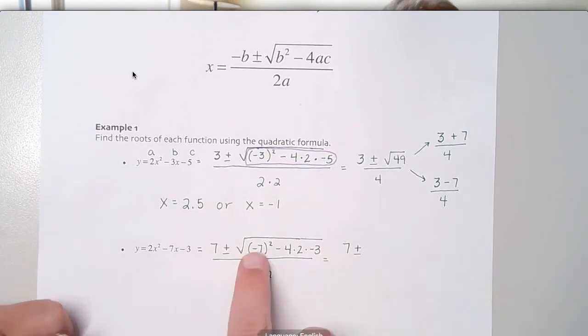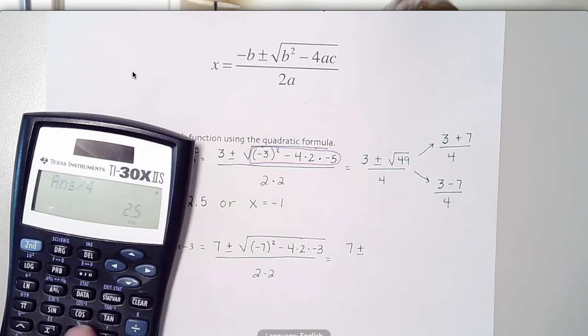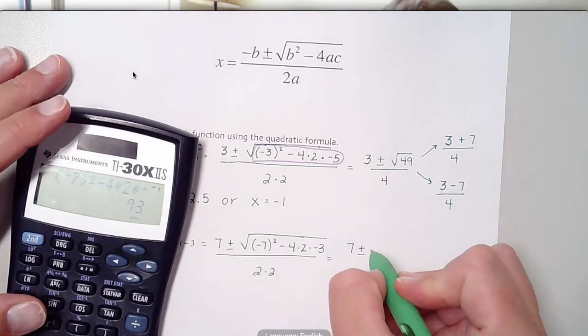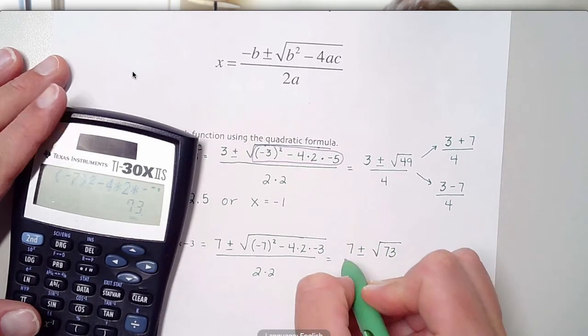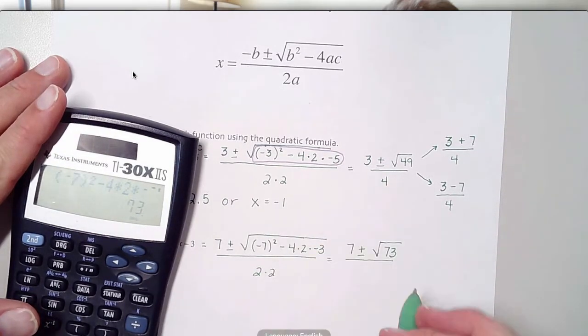I'm, again, starting with just that calculation right under the square root there. And so I'm going to go negative 7 squared minus 4 times 2 times negative 3, and I get 73. Now I can tell just from looking at that number that this one's going to come out uglier because 73 is not a nice perfect square like 49 was.